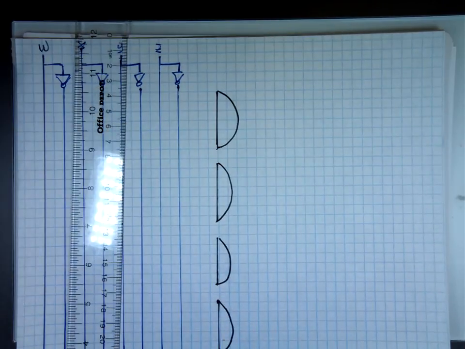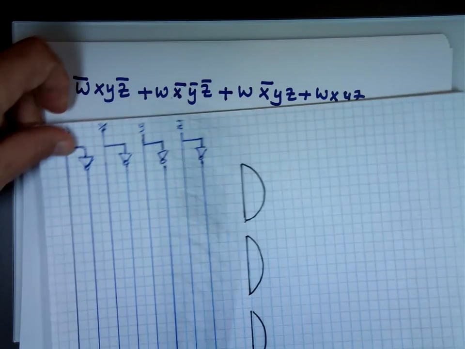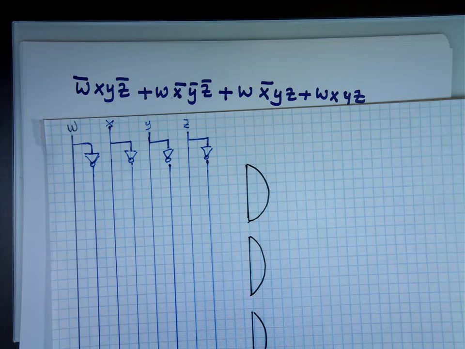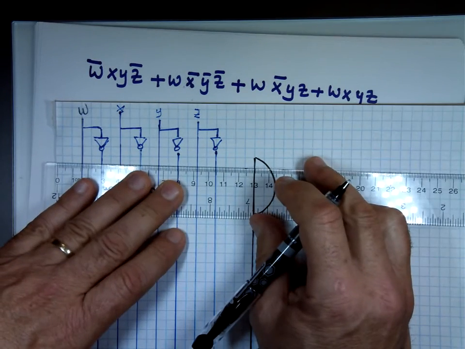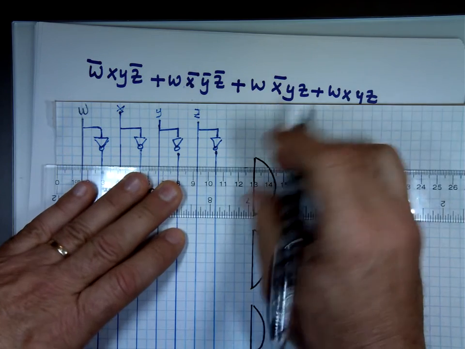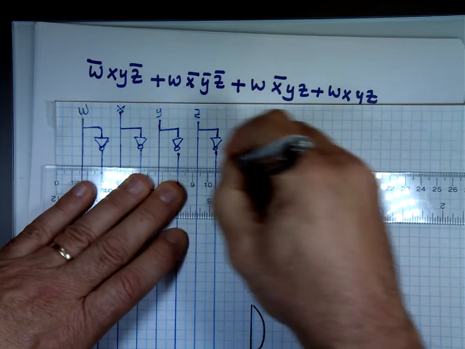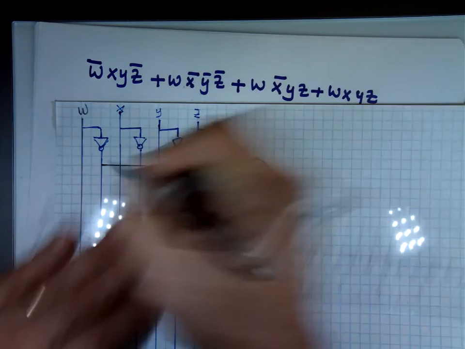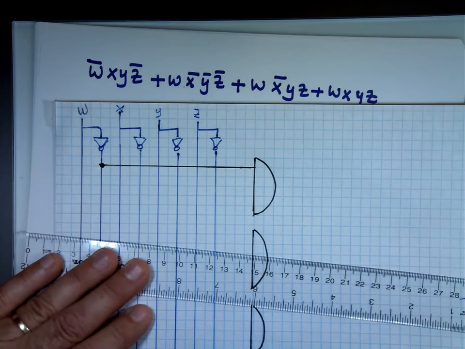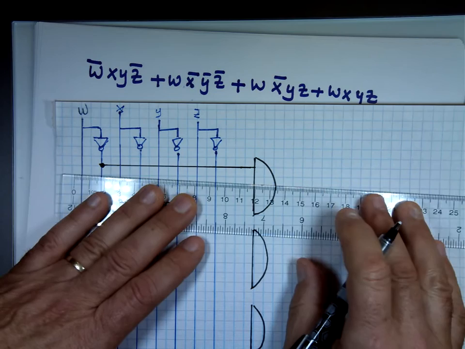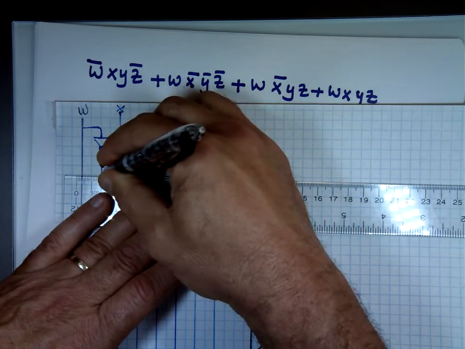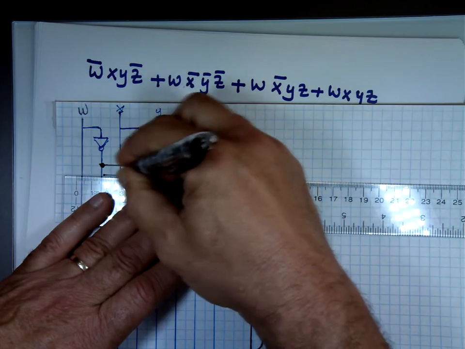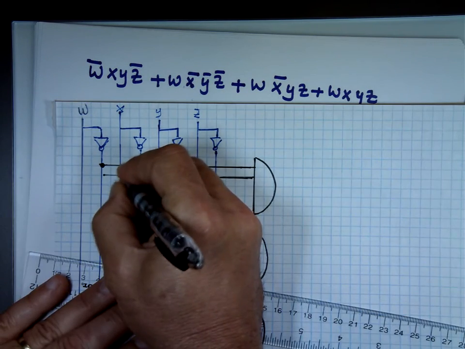What's attached to the first one? Where's my expression? Here we go. W bar. So here's W bar. And you put a dot here. That means it's attached. That's W bar. X. X is attached right here. What else is attached to the first gate?